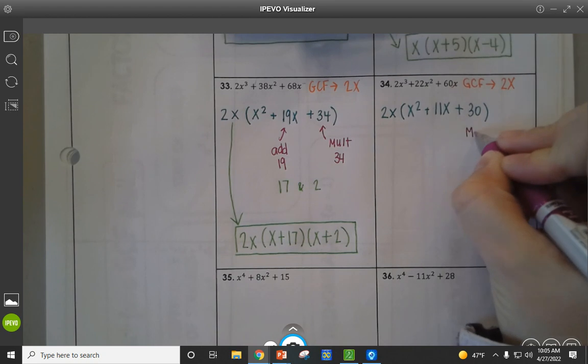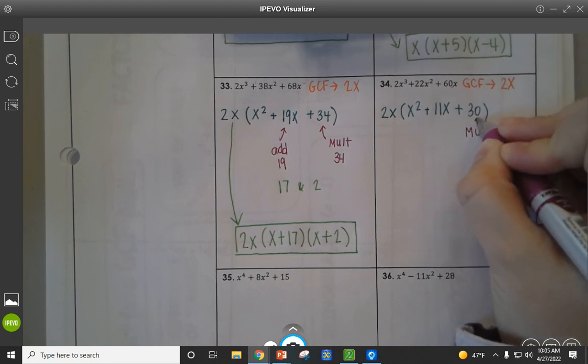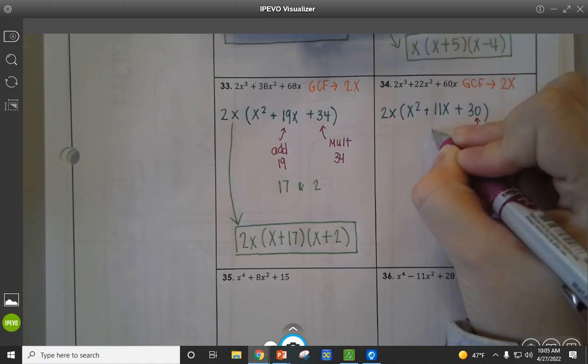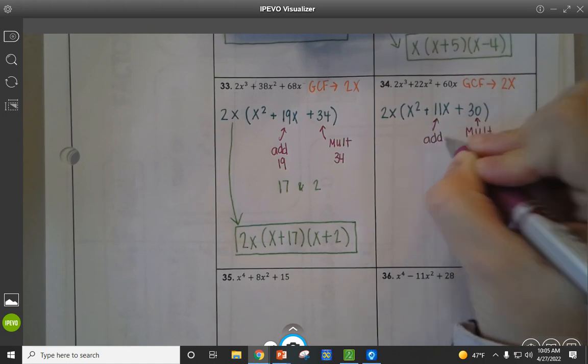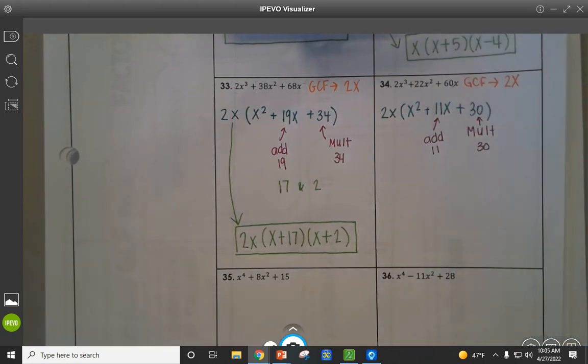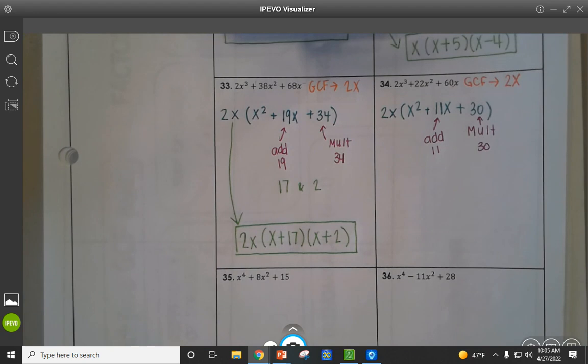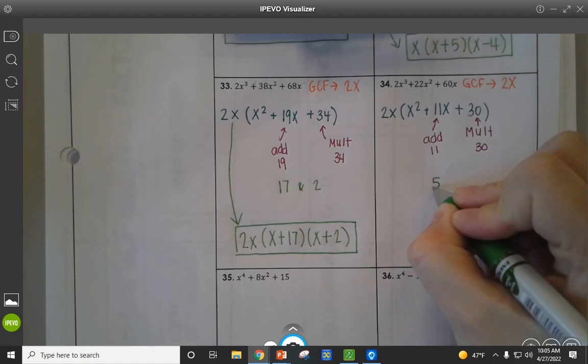So we need two numbers that multiply to be 30 and add to be 11. 5 and 6. Good.